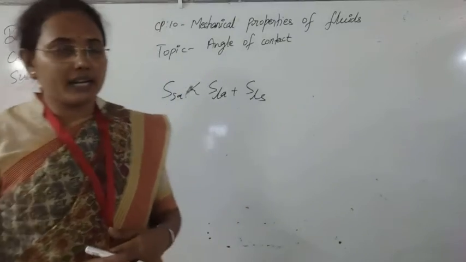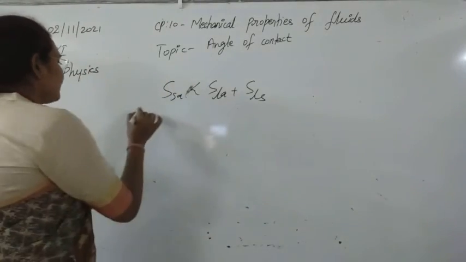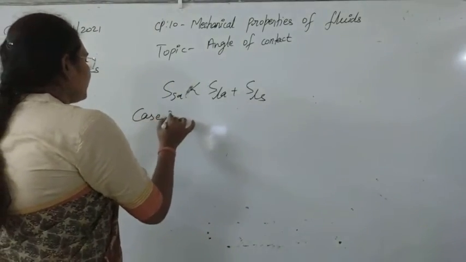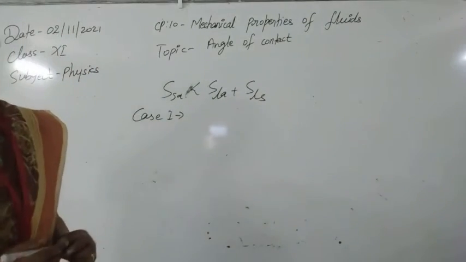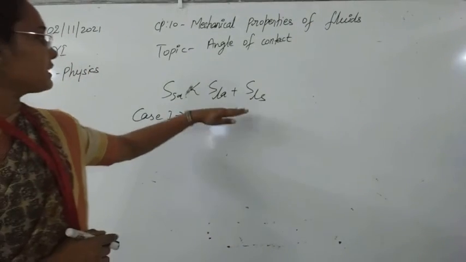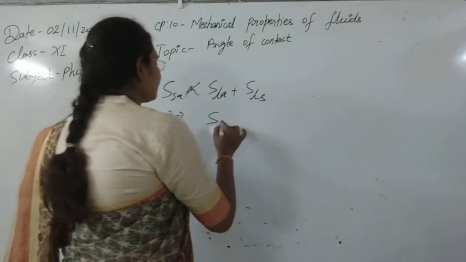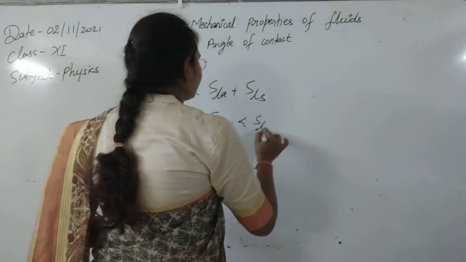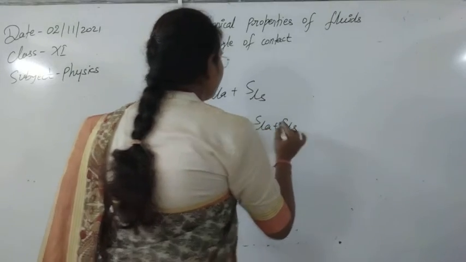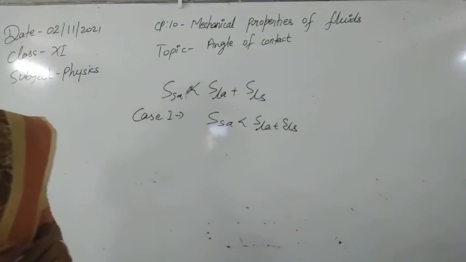So here we can have certain cases. Let's see the first case. In this case, the condition is satisfied for the interfaces, that is, S_SA is less than S_LA plus S_LS.